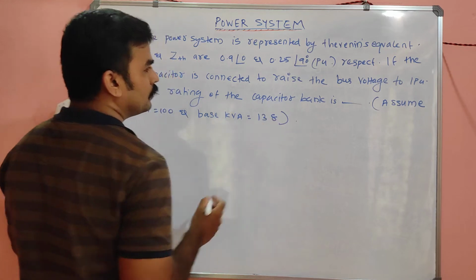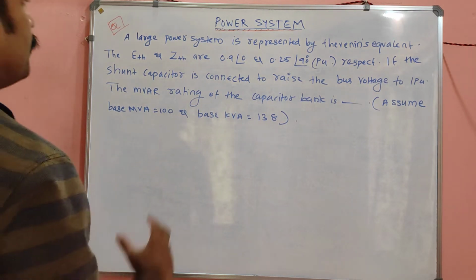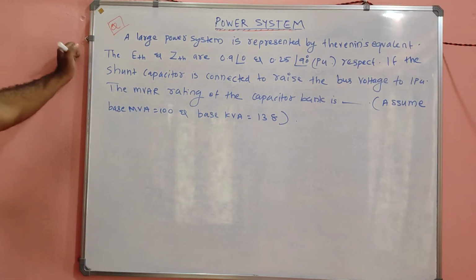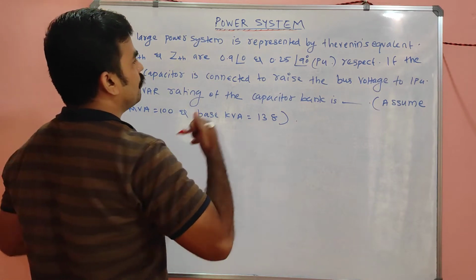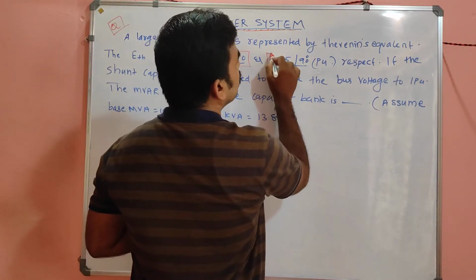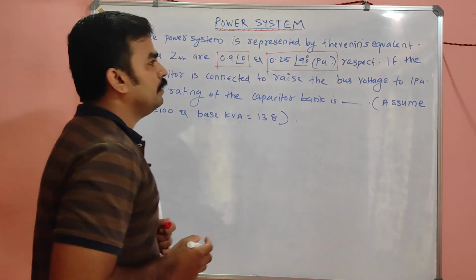That's all. So listen, how can we do this? A large power system is represented by Thevenin equivalent. E Thevenin is given as 0.9 angle 0 and Z Thevenin is 0.25 angle 90 respectively.